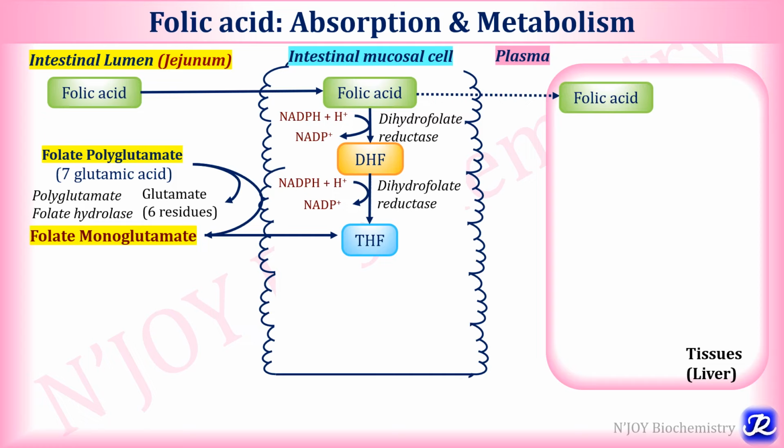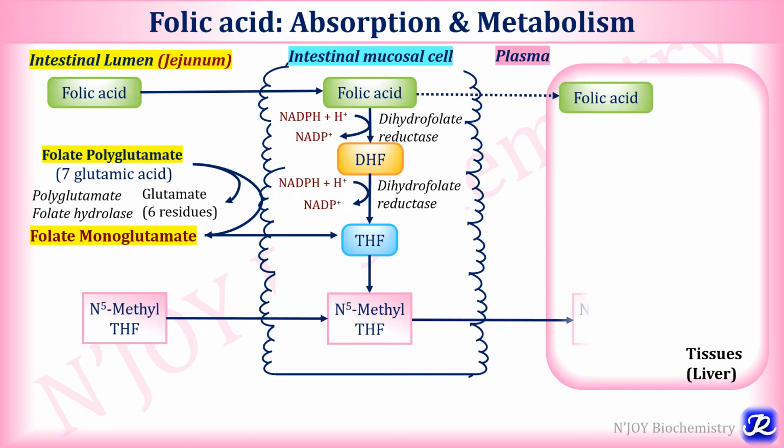Further, the methylation of this tetrahydrofolate occurs in the intestinal cells and it is converted to N5-methyl tetrahydrofolate, which can be absorbed in the monoglutamate form directly in the intestinal mucosal cells, and later it enters the circulation and then it reaches the various rapidly proliferating cells as well as tissues like liver and kidney for storage.